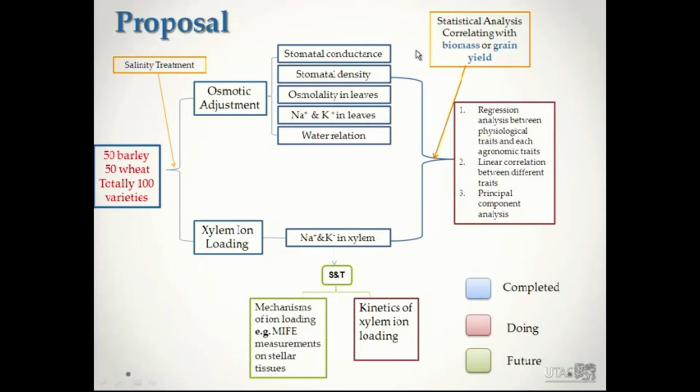Normally, they correlate with biomass or green yield, or the plant survival, like the leaf injury. And the statistical analysis normally includes regression analysis, linear correlation analysis, principal component analysis, or cluster analysis.